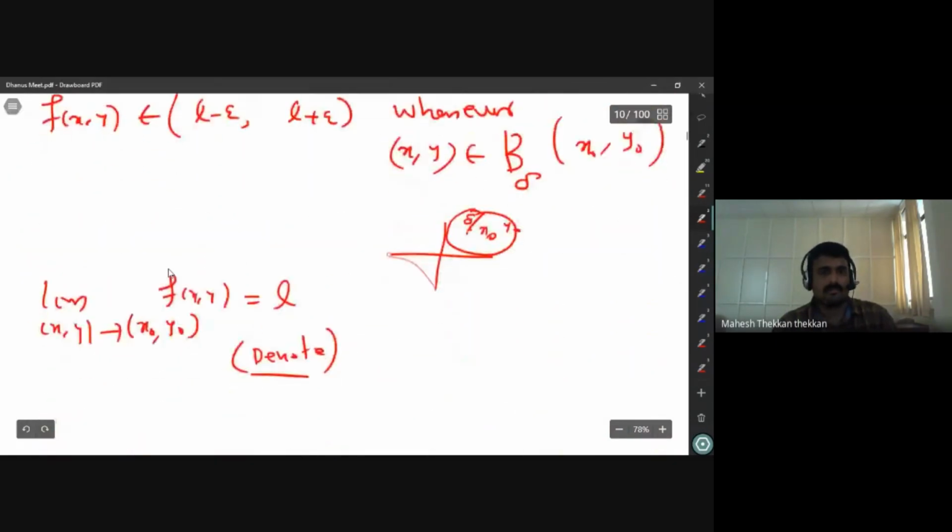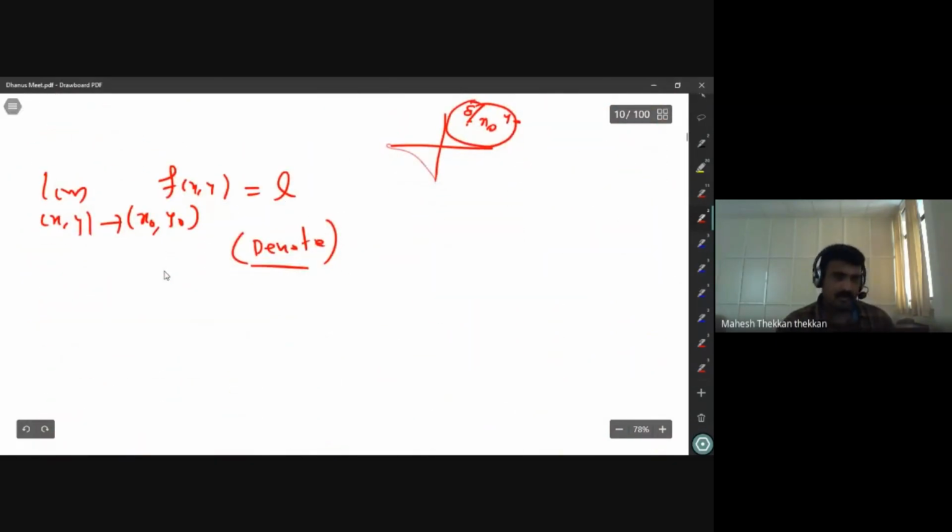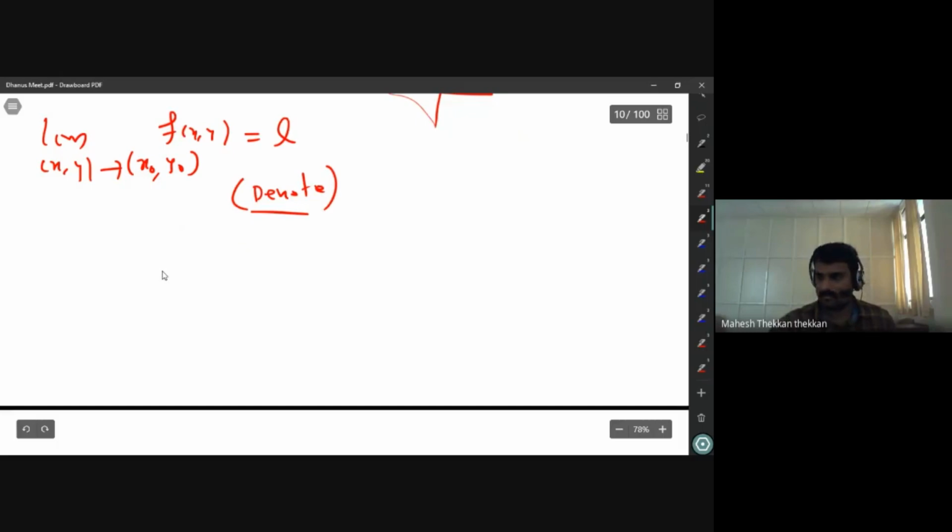Now I may recall something called the sequential definition of limit. These things you might have seen in the single variable case. Just recall that; this is also useful for doing problems.